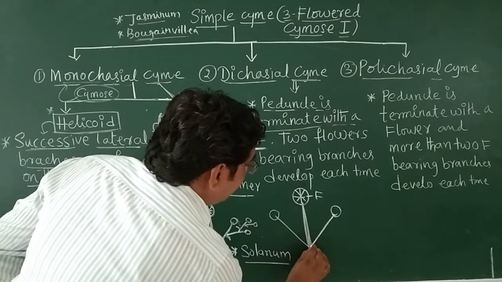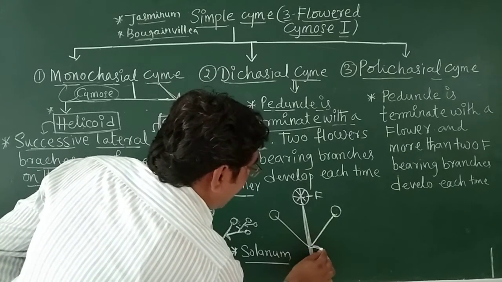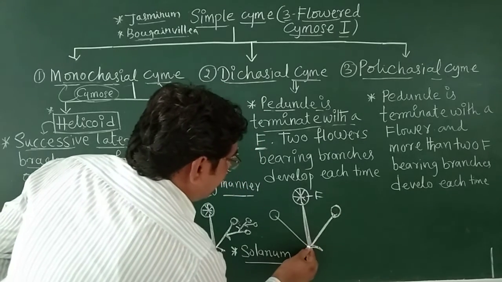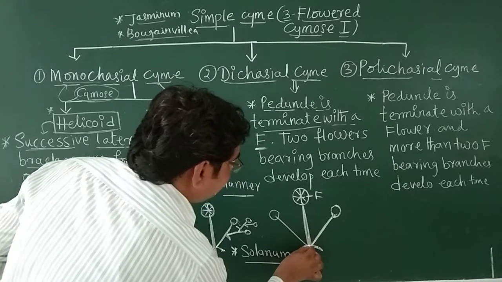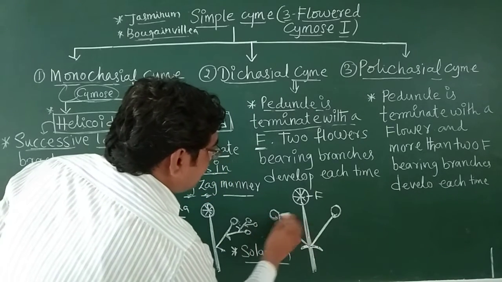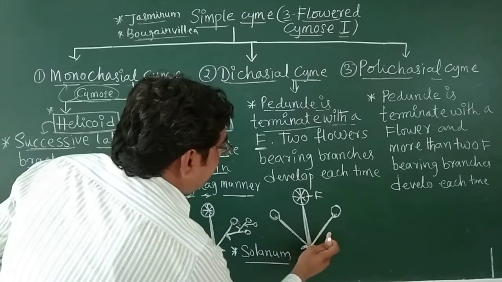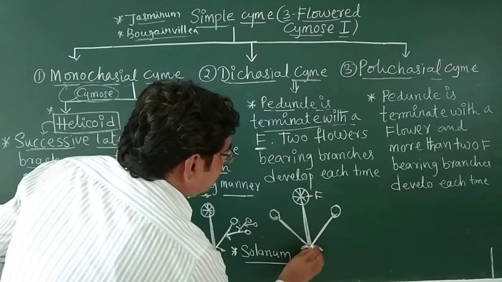At the peduncle, a bract is there. In the axil of this bract, one flower is formed from this side. Again on the other side, one bract is formed, and from the axil of this bract, one flower is formed. So here two flower-bearing branches develop each time.